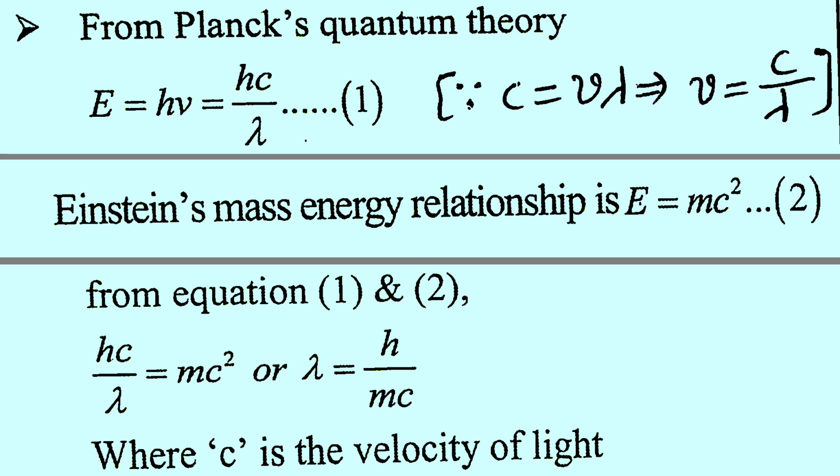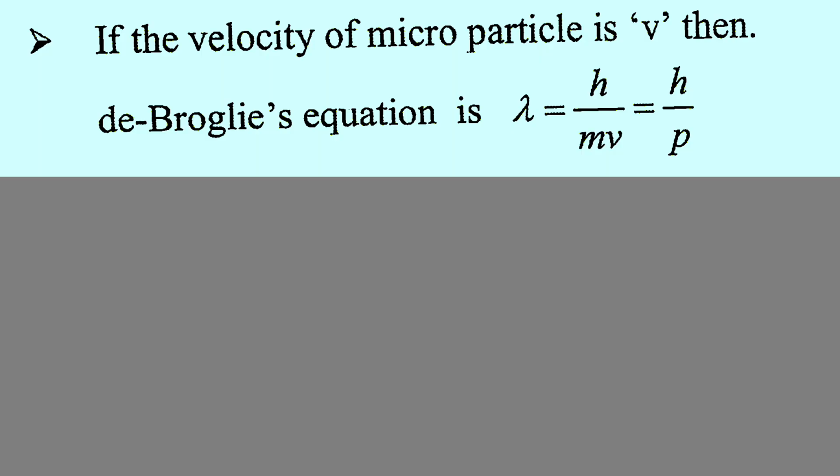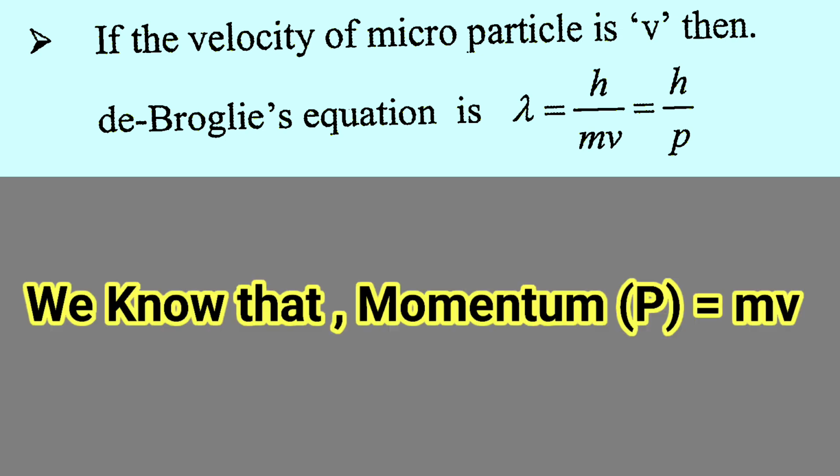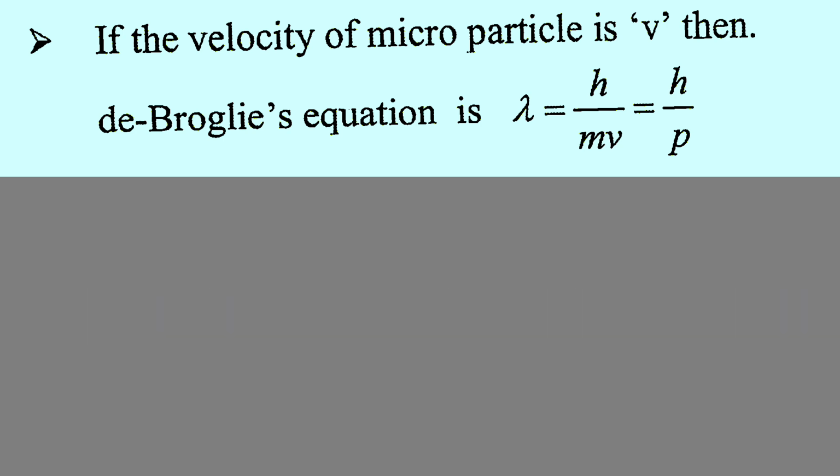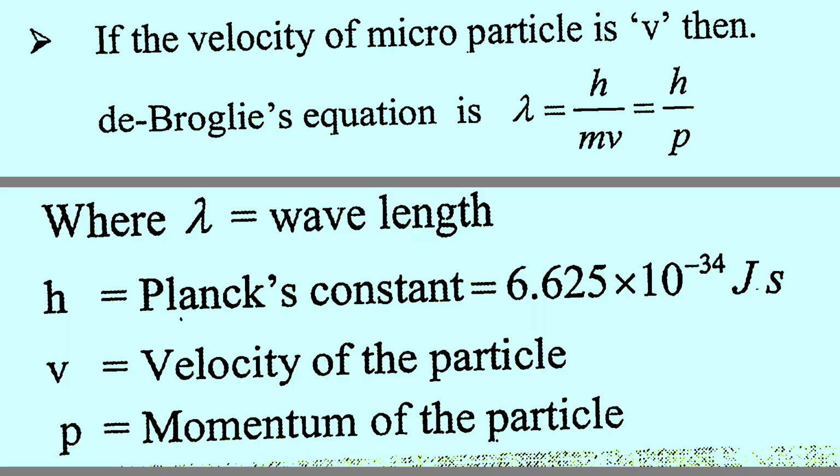the velocity of light. If the velocity of the microparticle is v, then De-Broglie's equation is lambda is equal to h by mv. In the place of c, we wrote just v. We know that momentum p is equal to mv. So in the place of mv, let me write p, where lambda is equal to wavelength, h is equal to Planck's constant.